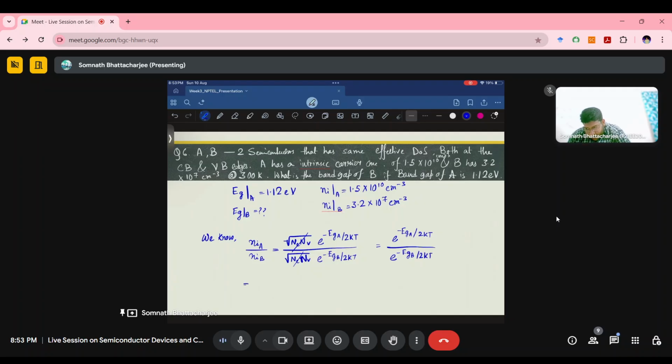So from this we get ln of Ni of A over Ni of B equals Eg of B minus Eg of A divided by 2kT. So Eg of B would be 2kT multiplied by ln of Ni of A divided by Ni of B, plus Eg of A.